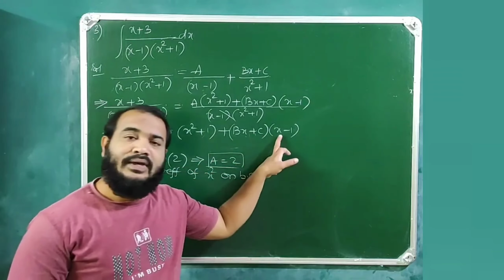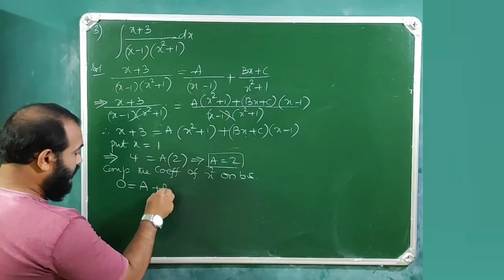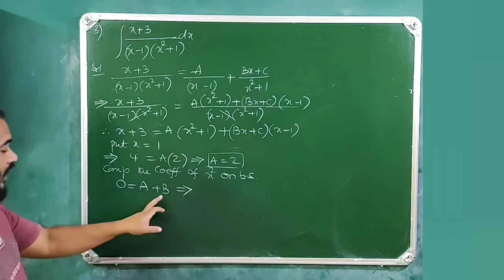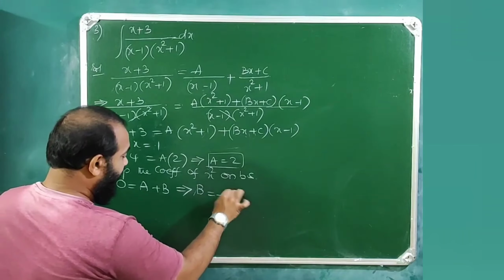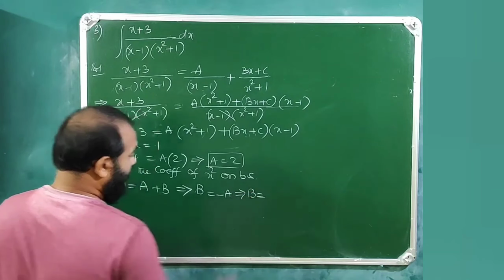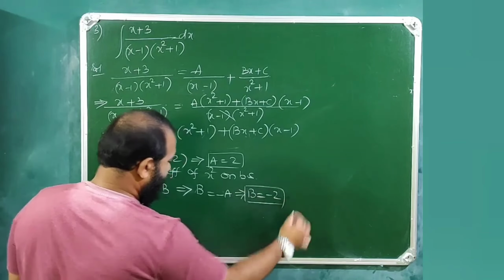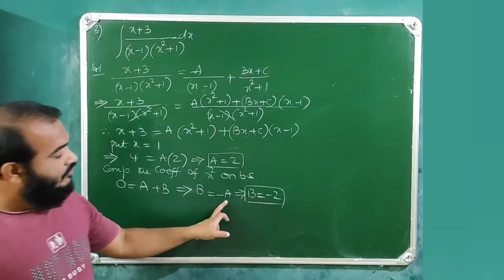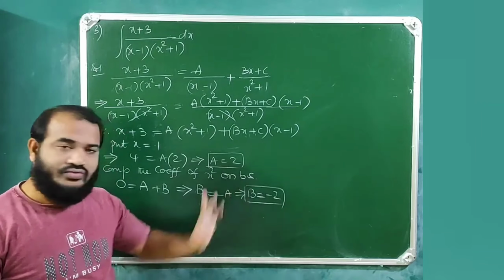Bx into x, the bx square coefficient is b. So a plus b equals 0, b is equal to minus a. So that means b is equal to minus 2, because the value of a we have obtained before, a is 2. So minus a is minus 2.